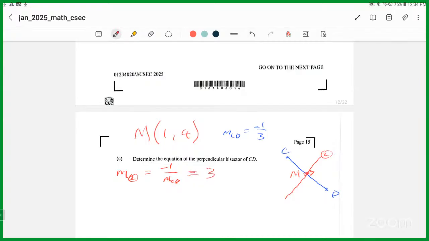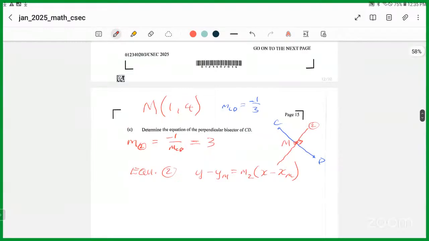So the equation of the line that we want passes through this point and has this gradient. And that's what we need for the equation of any line, the gradient and a point. So the equation of the perpendicular bisector, line 2, is y minus the y value at the midpoint equals the perpendicular gradient, into x minus the x value at the midpoint. That's going to give us the equation.